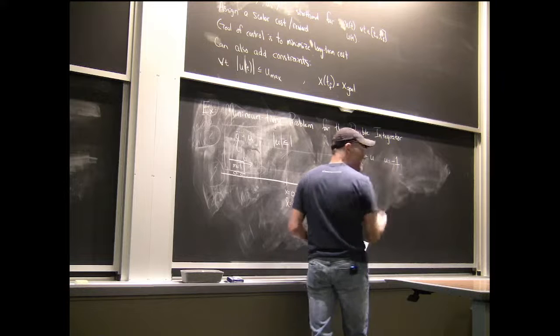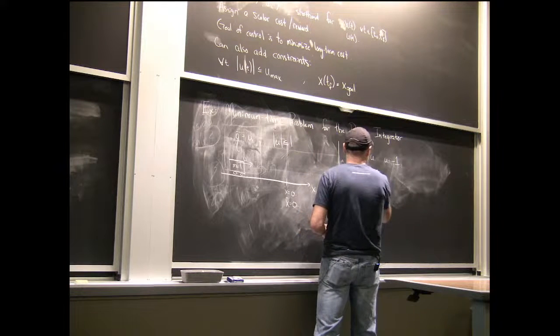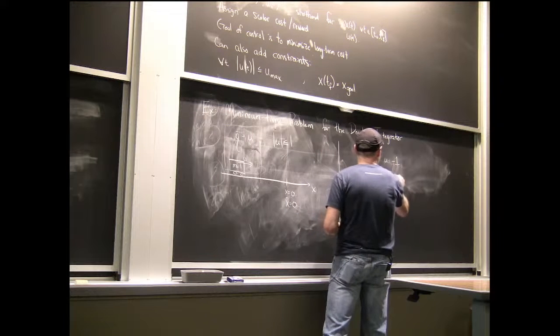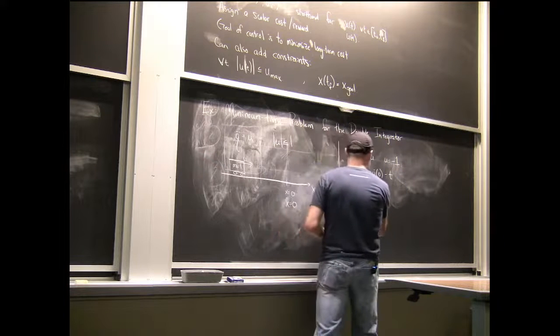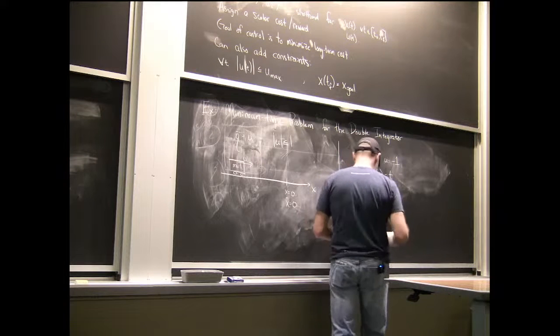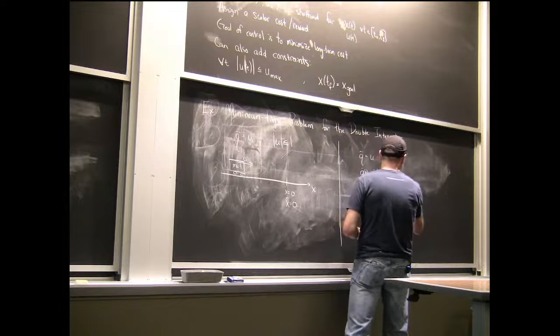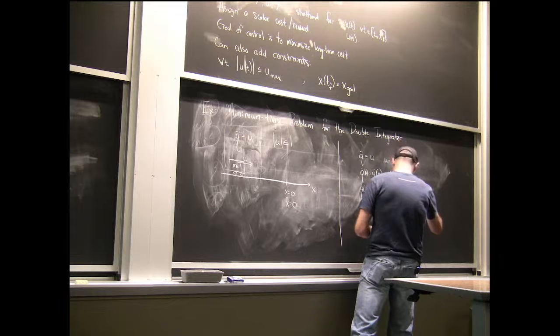Okay, this is a differential equation I can integrate. Q dot is just going to be Q dot of 0 minus time, because it's a -1 here. And Q of t is just going to be the Q of 0 plus t Q dot of 0 minus 1/2 t squared.